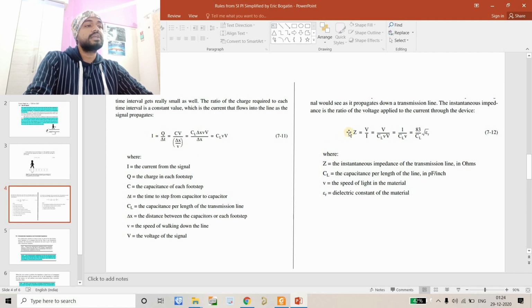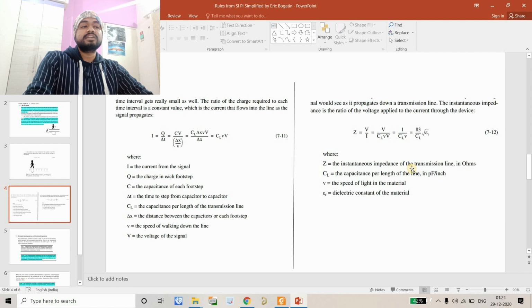Now we'll see what the instantaneous impedance is. Again, the instantaneous impedance is V divided by I, right? And here we'll put all the values from equation 711, and from there you can see it is directly related to the dielectric constant of the material and the capacitance per length of the line, which is picofarad per inch, right?